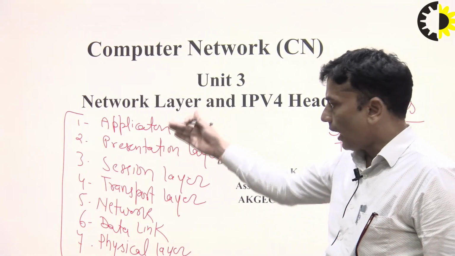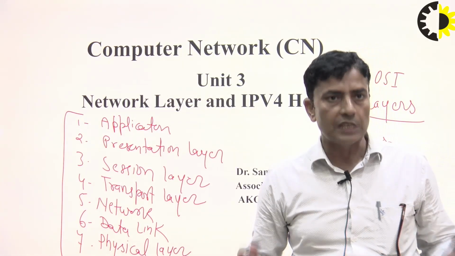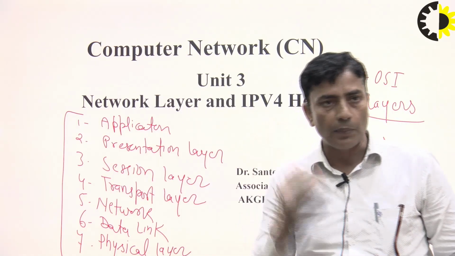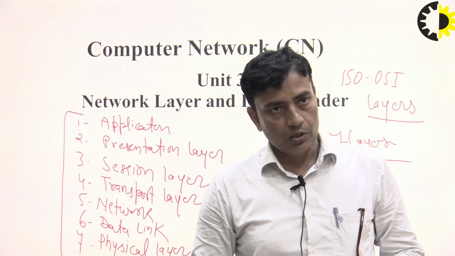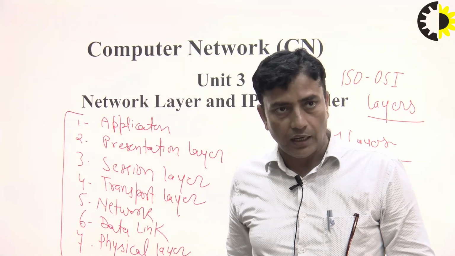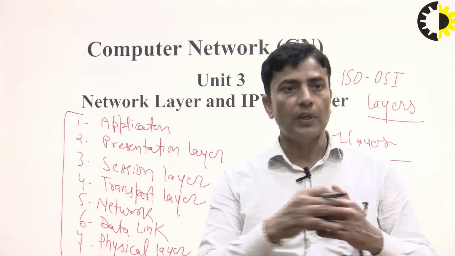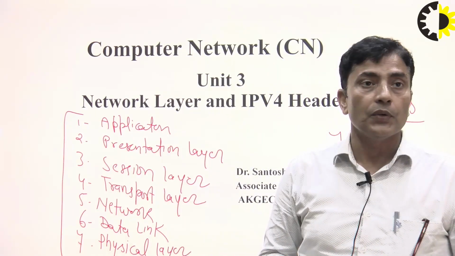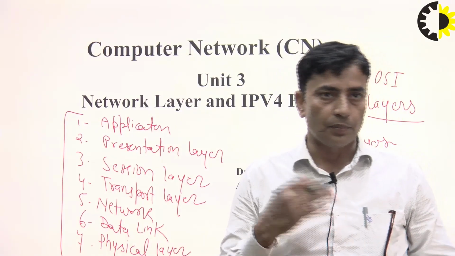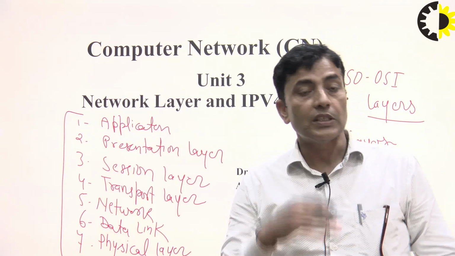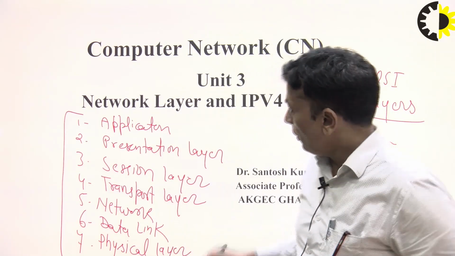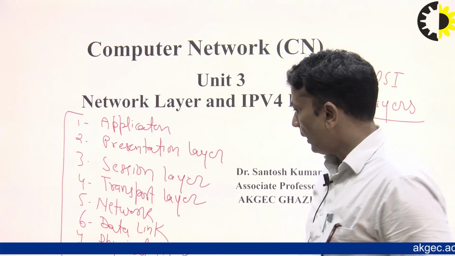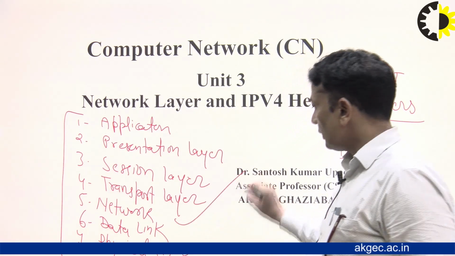Each and every layer has its own responsibilities, capabilities and functions, so by using these layers, we can easily identify if there is some mistake, problem or bug, at which layer it lies. Today we are talking about the fifth layer, the network layer.